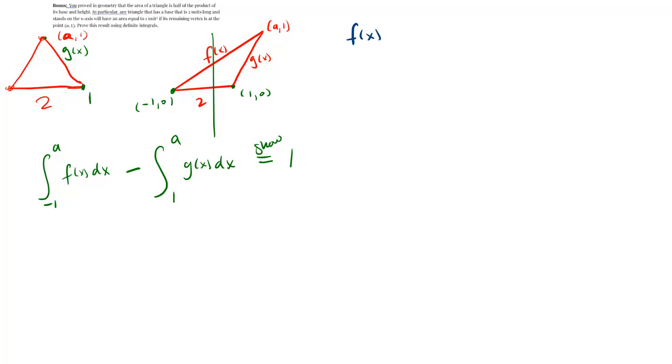F of x is a line. So the rise over the run. So it goes up 1 over a minus -1 times x. And it goes through the point x equals -1. So minus -1. So there's the equation of your f of x.